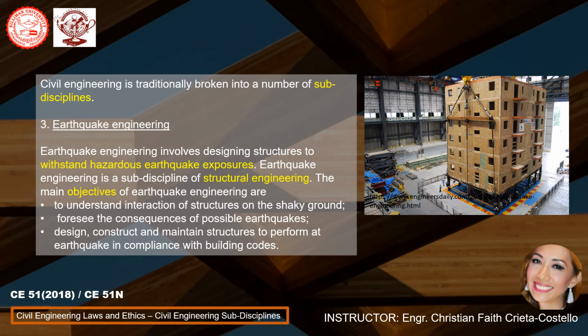The main objectives of earthquake engineering are to understand interaction of structures on the shaky ground, to foresee the consequences of possible earthquakes, and to design, construct, and maintain structures to perform at earthquake in compliance with building codes. That is why in your other subjects, you are also studying the building codes in relation to earthquake design. And in this photo, you can see a simulation of the structures in a laboratory to check if this structure can withstand a certain earthquake intensity.